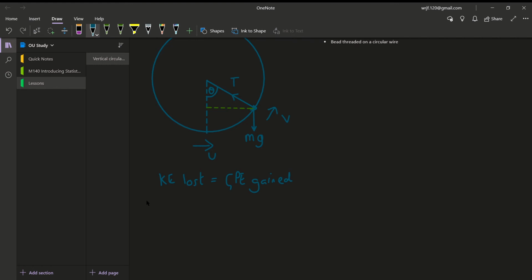KE lost clearly is going to be half m u squared minus a half m v squared.